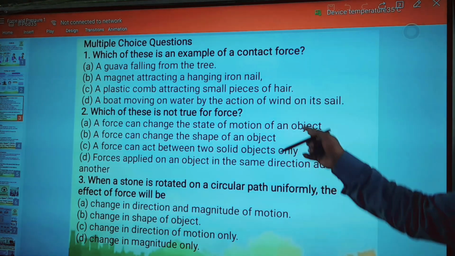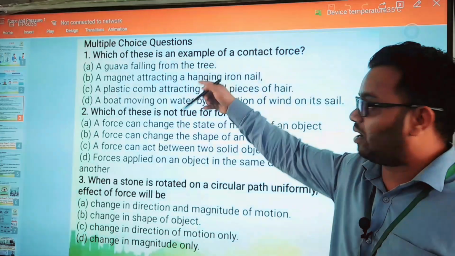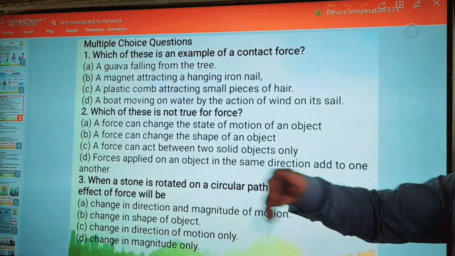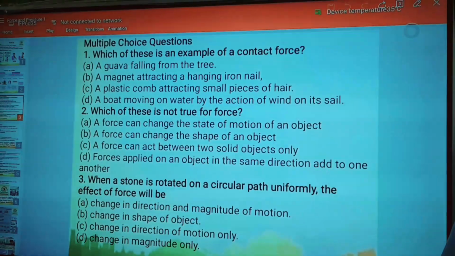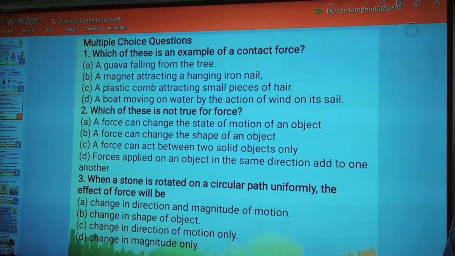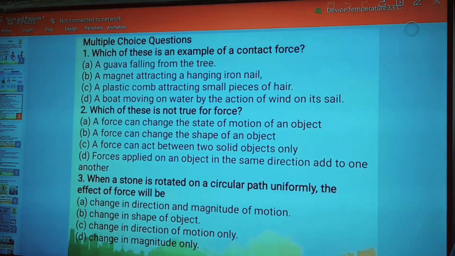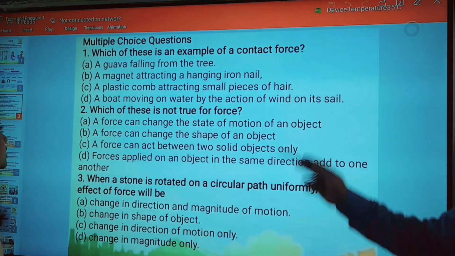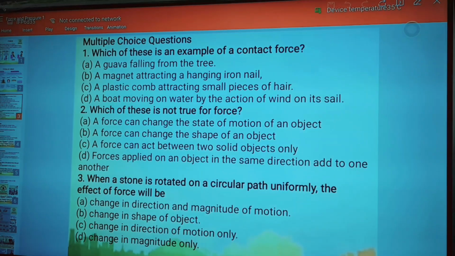Can you explain this? Why is this guava not the answer? Come and explain in front. Because a guava falling from the tree is an example of gravitational force. Very good. And gravitational force comes in the category of non-contact force.